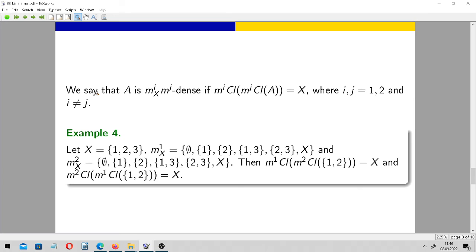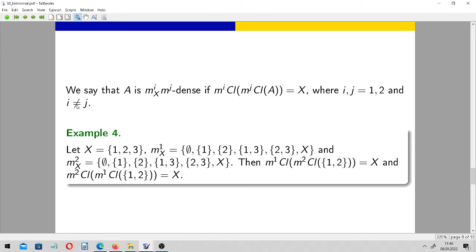As I said, there are several topological notions that have been studied already in these structures. Among them, there is density. There is a paper about density, and we say that A is Mi, Mj dense if the Mi closure of the Mj closure of A is the whole universe X, where i, j are 1, 2 and i is different from j.